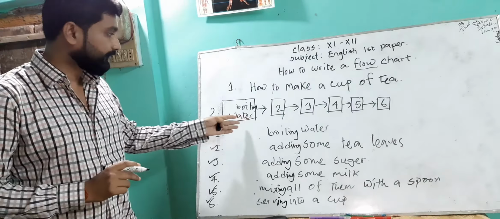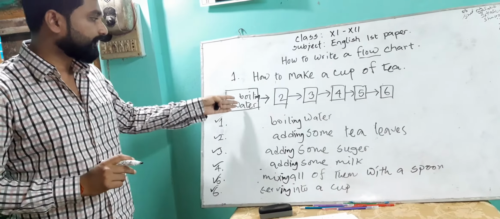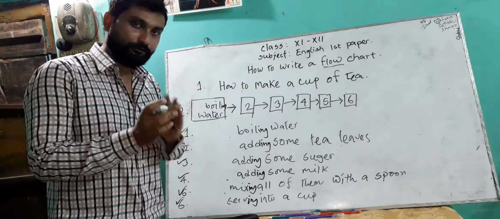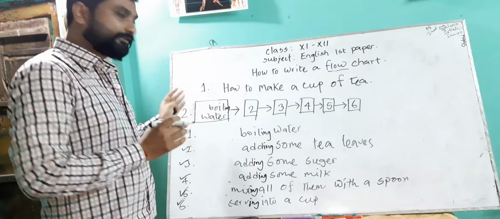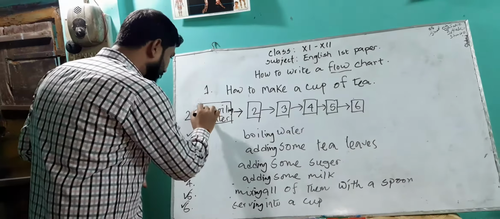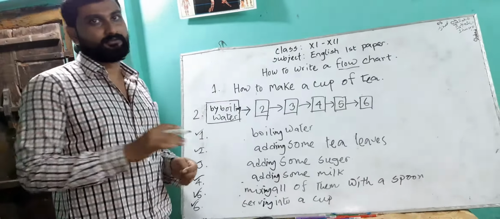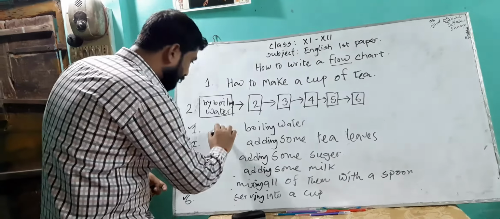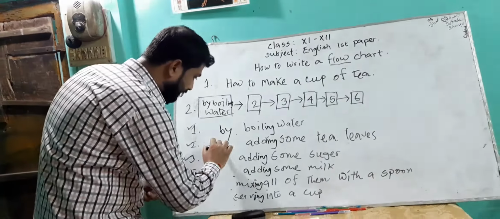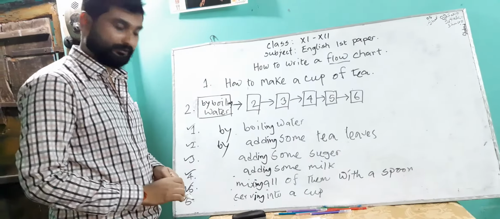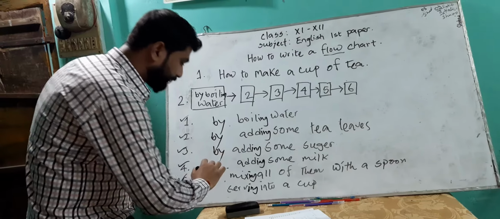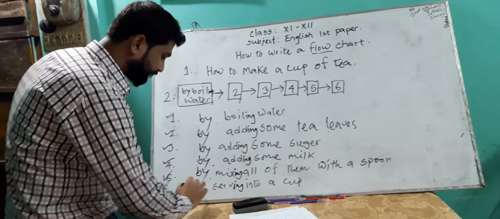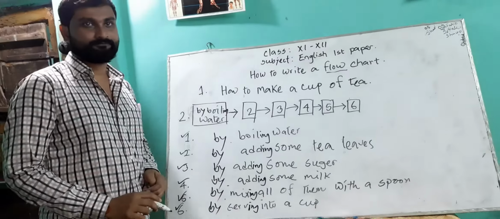If they use the present participle or gerund in the question, you should write in such a way. Or if they use a preposition before the gerund, like by boiling water you can make a cup of tea, you will write by boiling water, by adding some tea leaves, by adding some sugar, by adding some milk, by mixing all of them with a spoon, by serving into a cup.